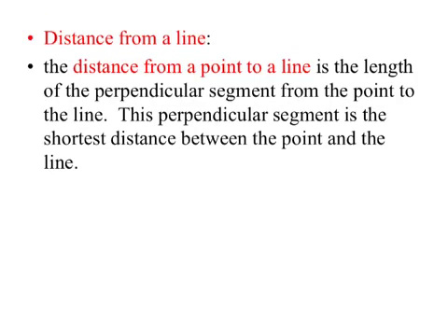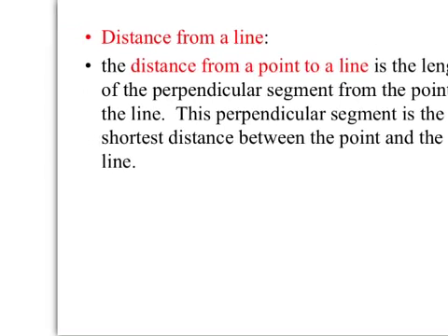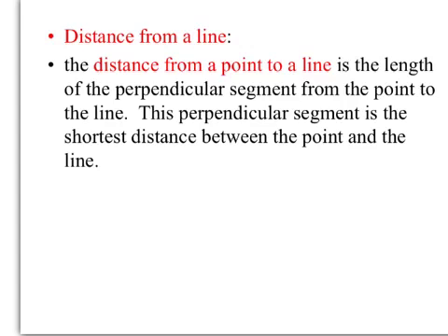All right, last half of the lesson. Distance from a line. The distance from a point to a line is the length of the perpendicular segment from the point to the line. Oh goodness, I did it again. Sorry. Line. Point.